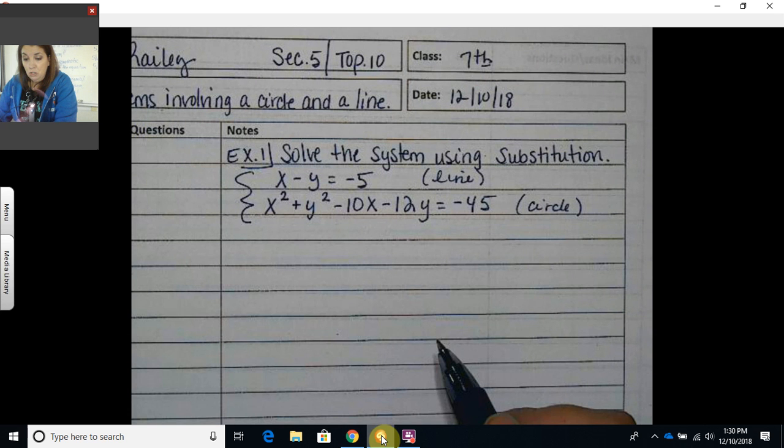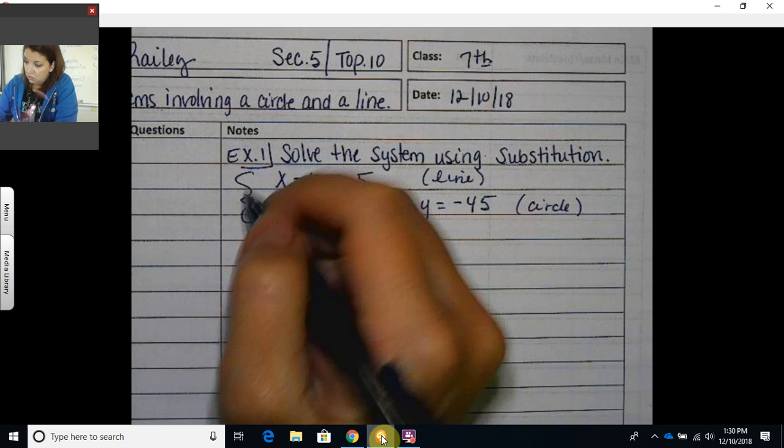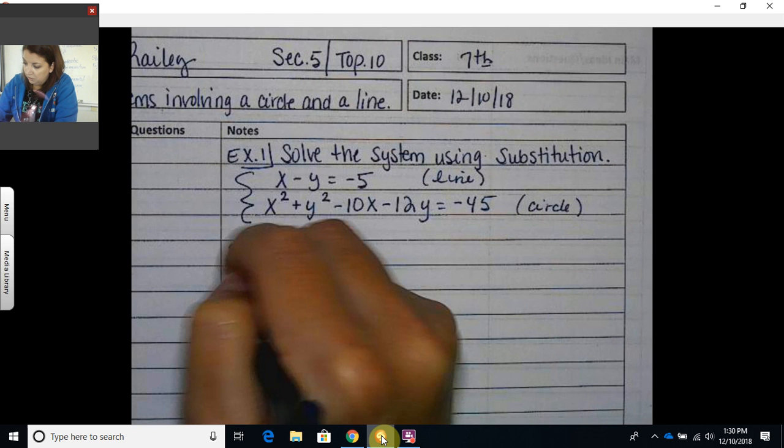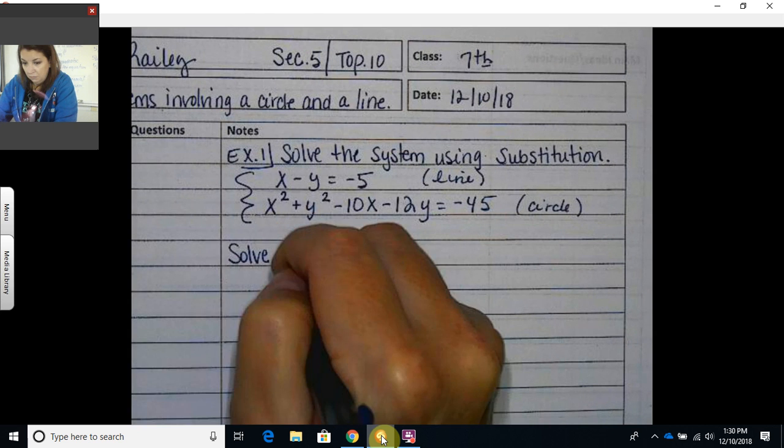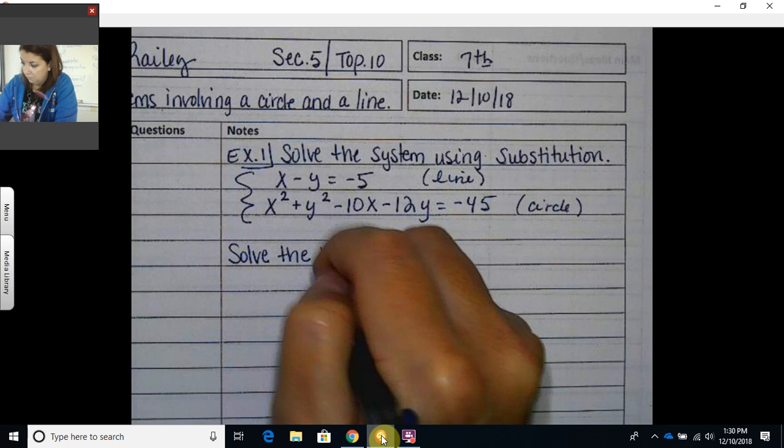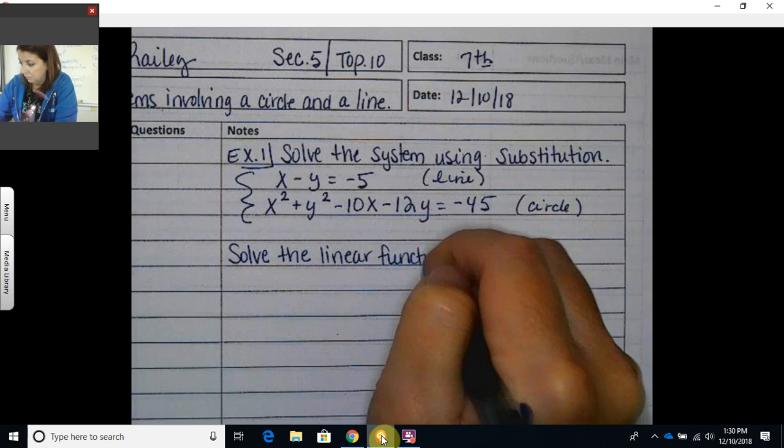So first thing we're going to do is take our linear equation and solve it for y if it's not already, okay? So solve the linear function for y.